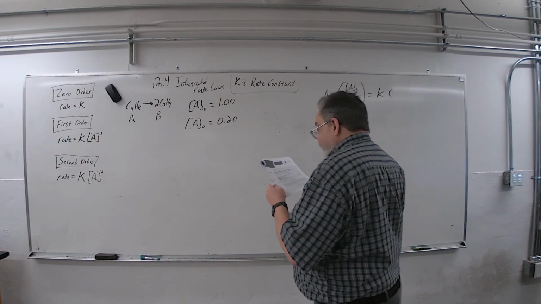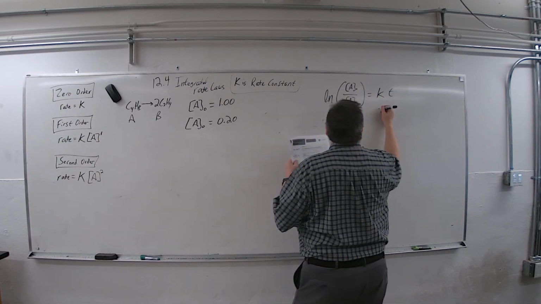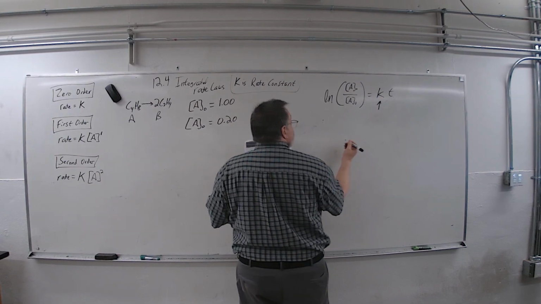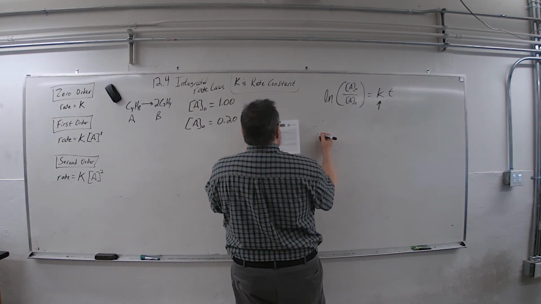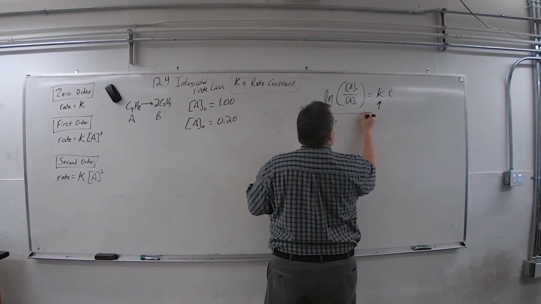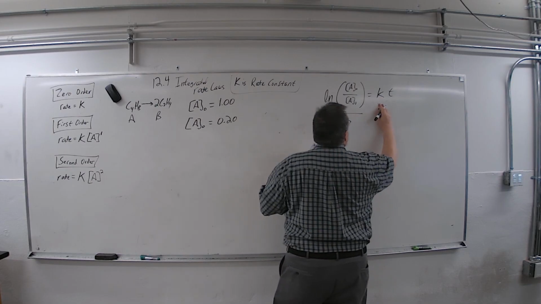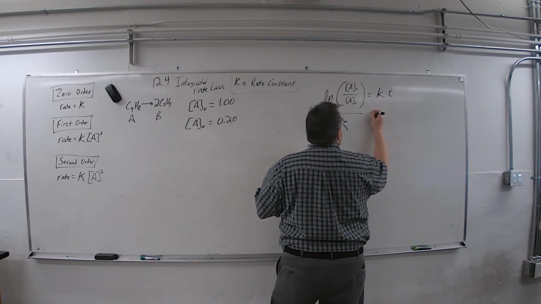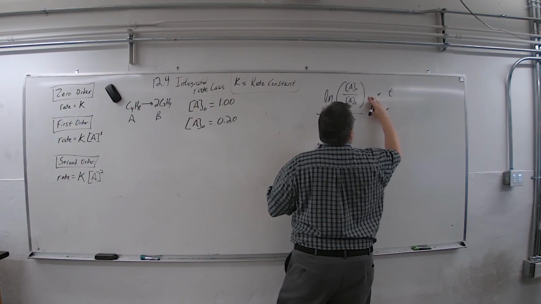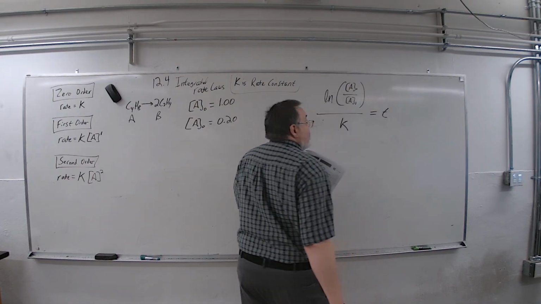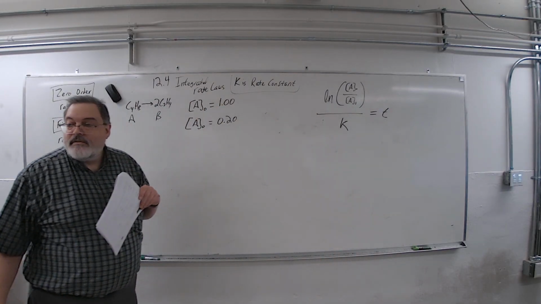Well, they give us the rate constant. So they've given us k, so I'm going to divide both sides by k, because they're saying how long will it take. Divide that by k, divide that side by k. It's just t. And then you can solve it.